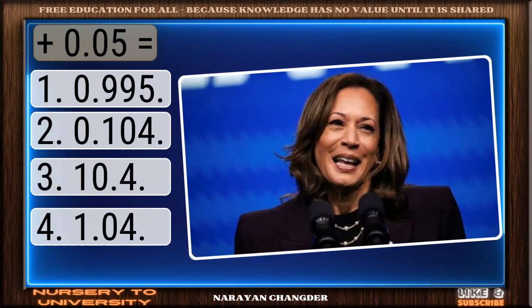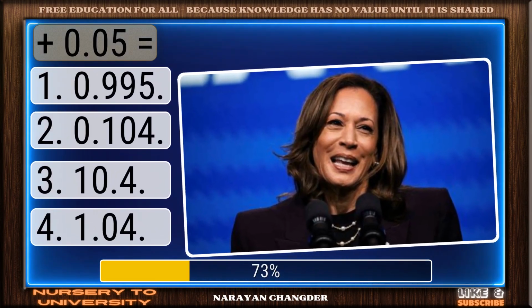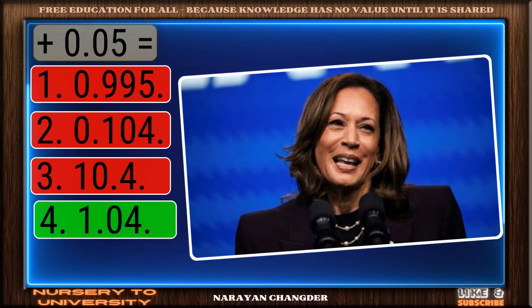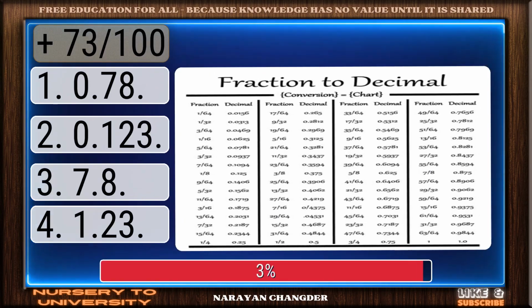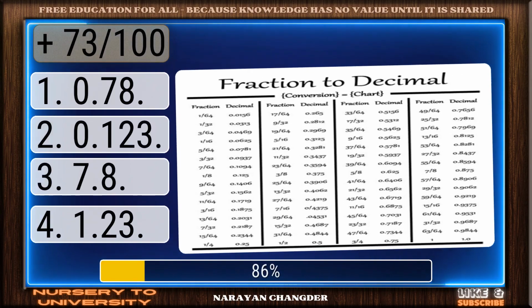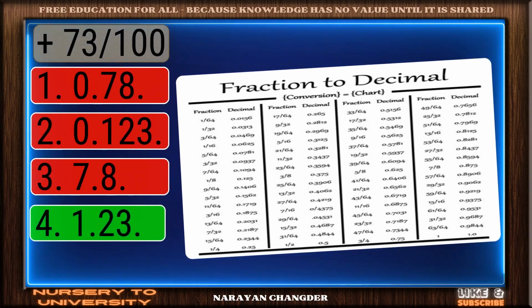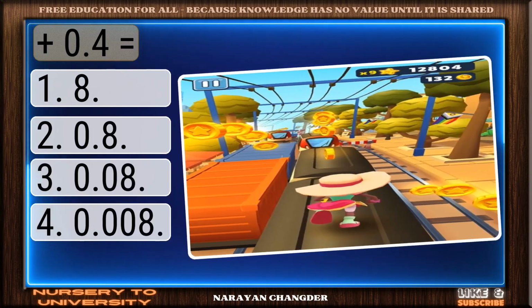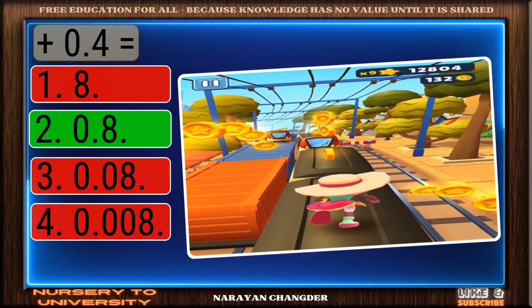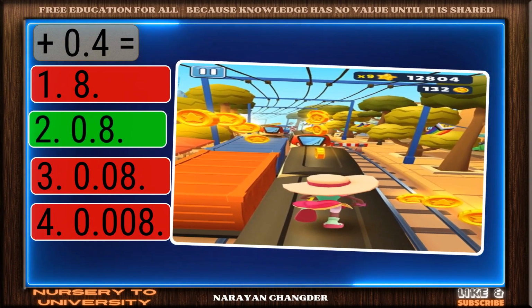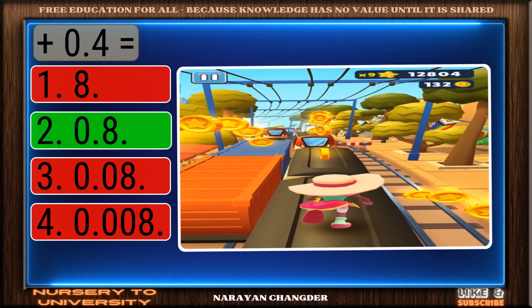Plus 0.05 equal to. Correct. 1.04 is the right answer. Plus 73. Nicely done. 1.23 is a solid answer. Plus to 4 equal to. Nice work. You chose 0.8 and it is correct.